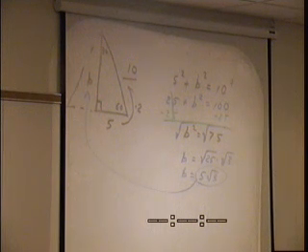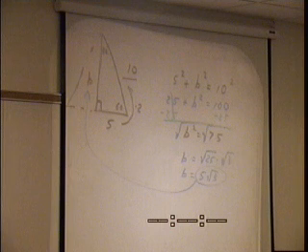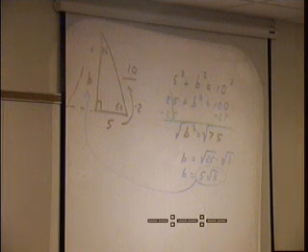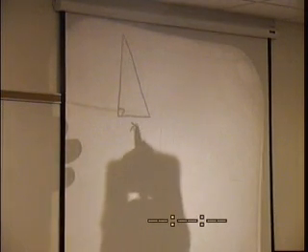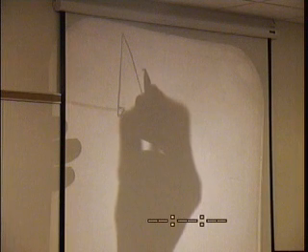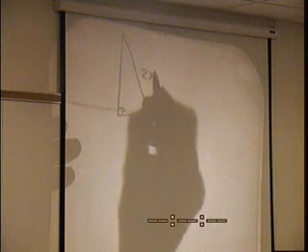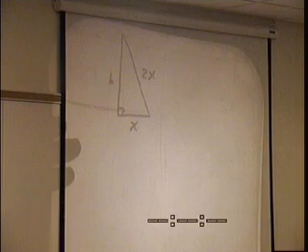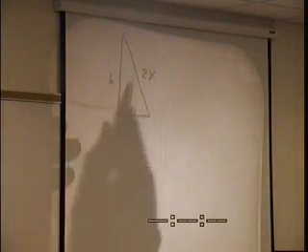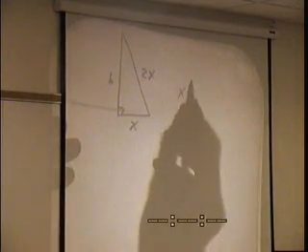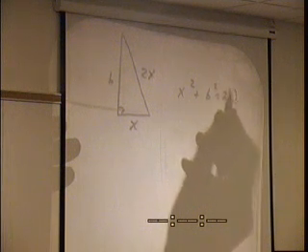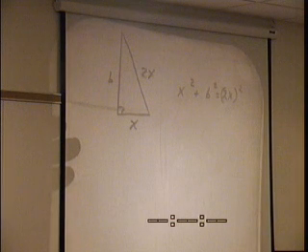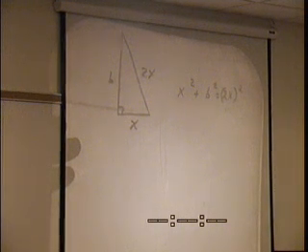I'm going to show it to you in general, and then we'll go back to the playing with those. It looks like this. You don't have to write this one. I'm just going to show it to you. It's really easy to see. If this is x, then this side is 2x. Got it? And this is b. A squared plus b squared equals c squared. So x squared plus b squared equals 2x squared. Got it?